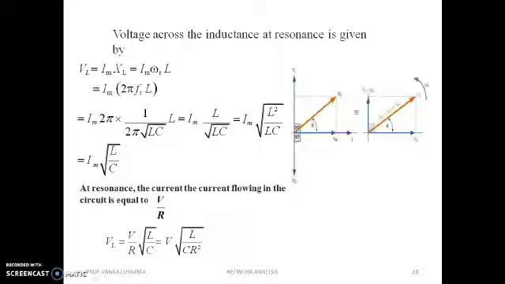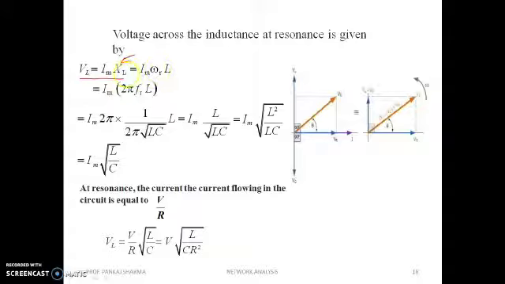Let us understand the voltage across the inductance at resonance. VL is equal to Im XL, maximum current and inductive reactance.